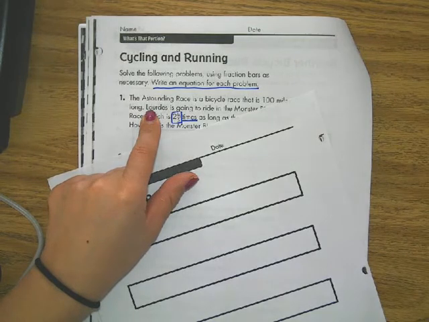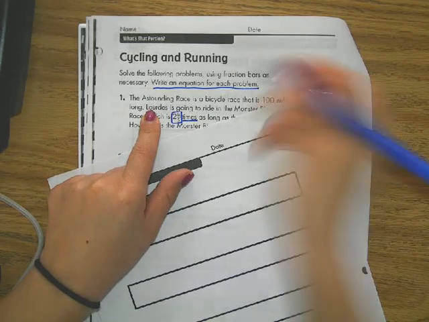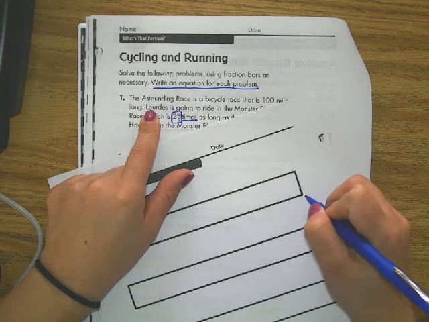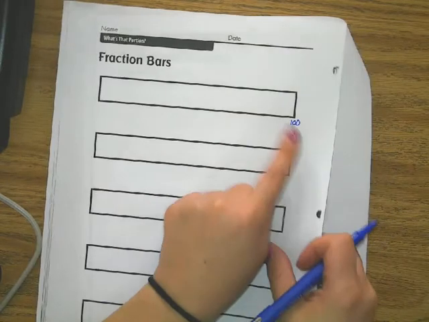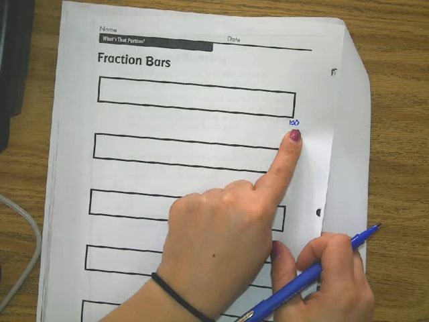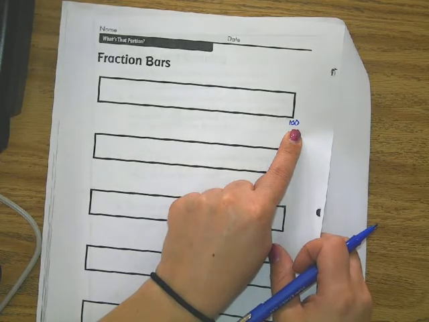Or you could always flip over and on the blank area draw a new one. Okay, so I know the Astounding Race is 100 miles long. So I'm right away going to write 100 at the end of my first fraction bar, because I know the Astounding Race is 100 miles.